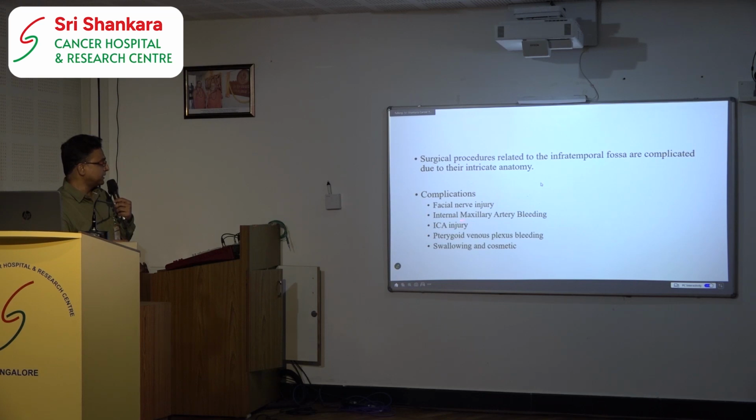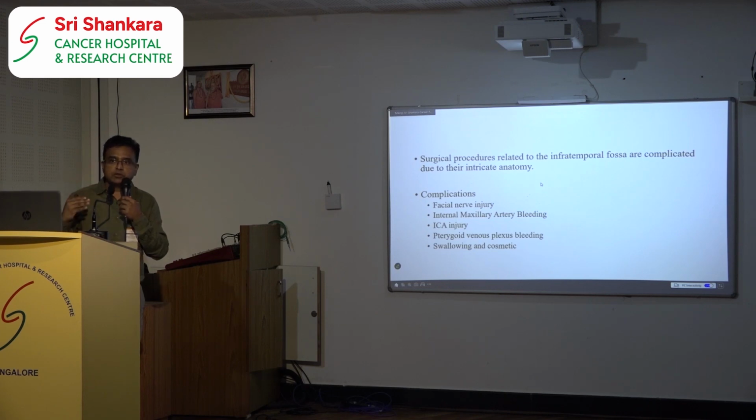Facial nerve injury. When you're raising the cheek flap and go above the zygoma, it's always prudent to identify the temporozygomatic branch and save it in order to avoid facial nerve issues. If you go blindly there, you might damage that branch.